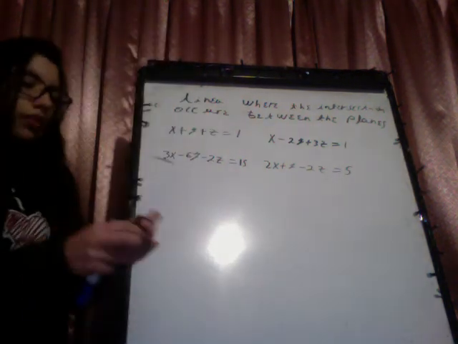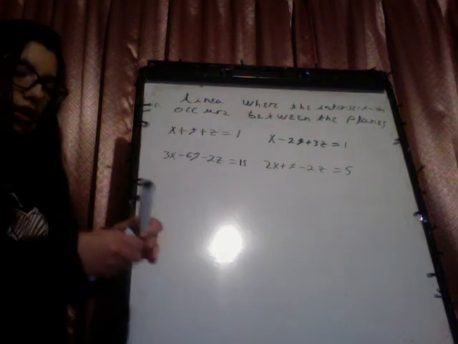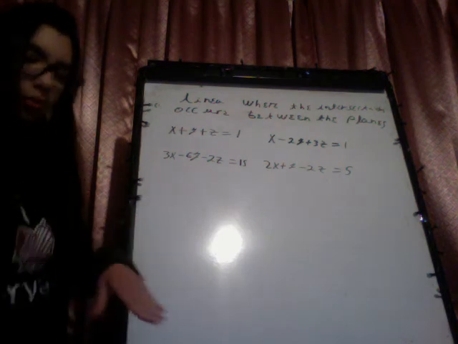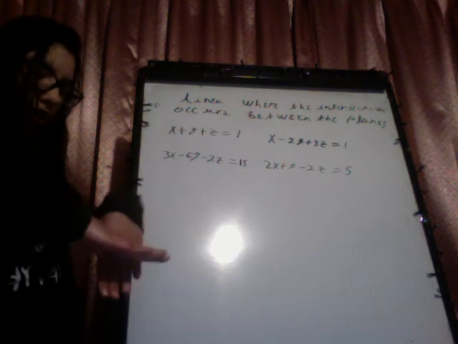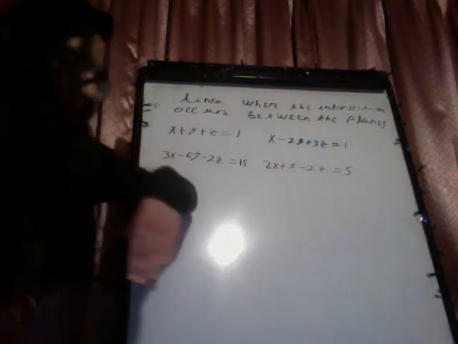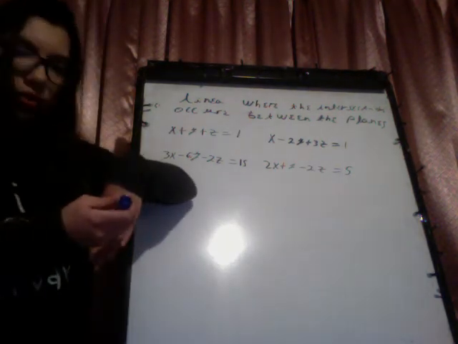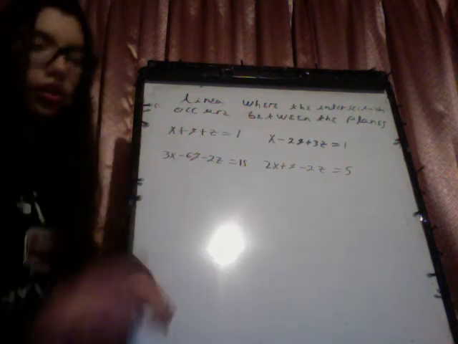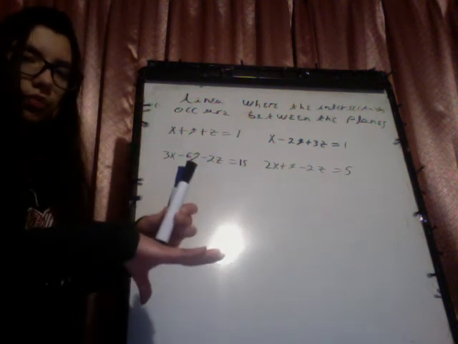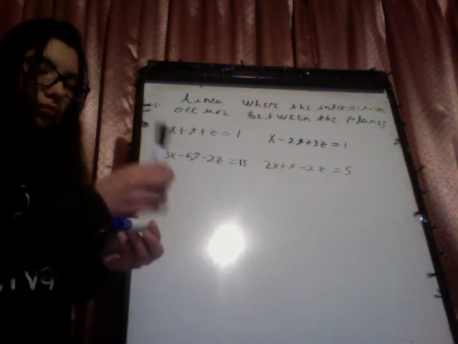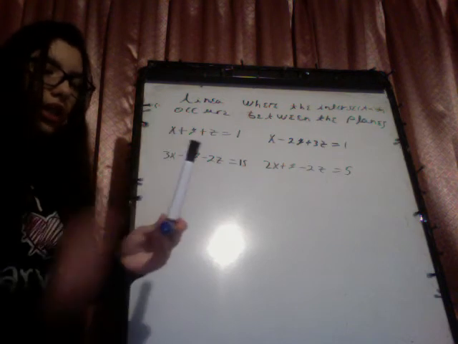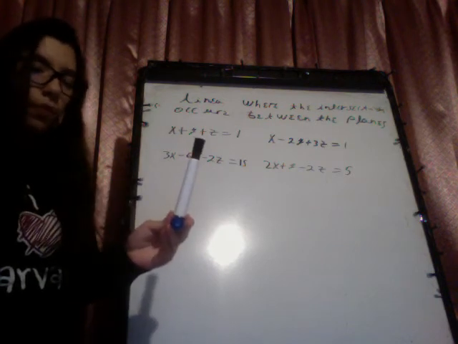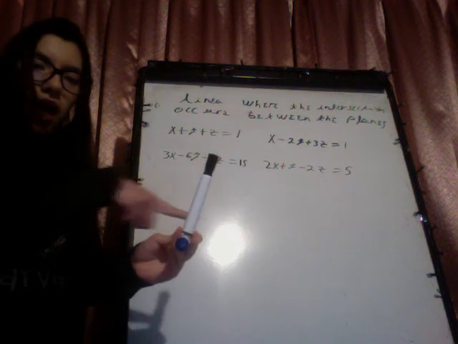Let's say this is the normal vector for this plane, and this is the normal vector for this plane. And the line of intersection is perpendicular to both.